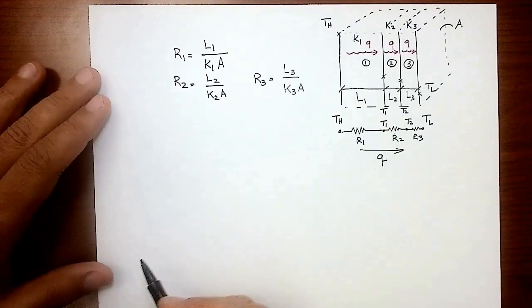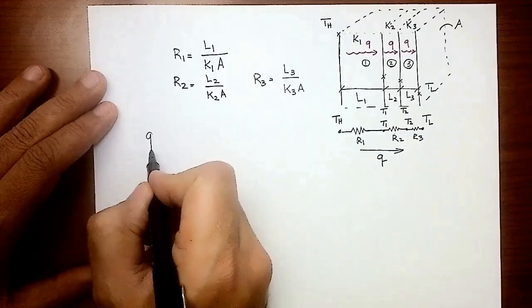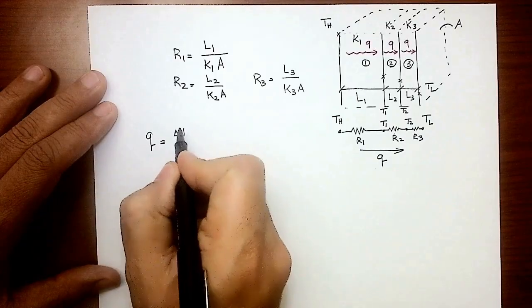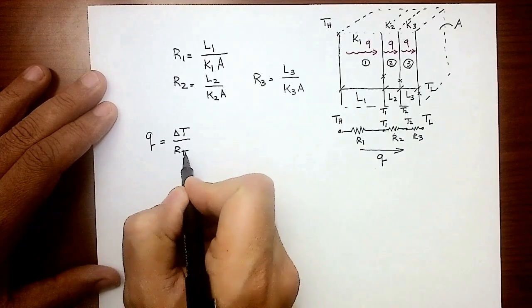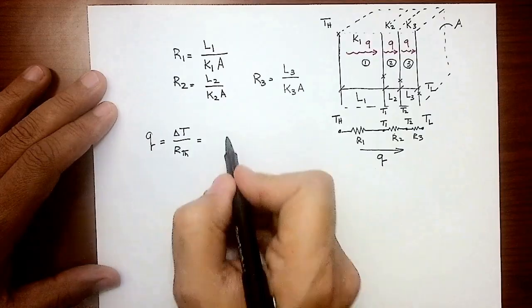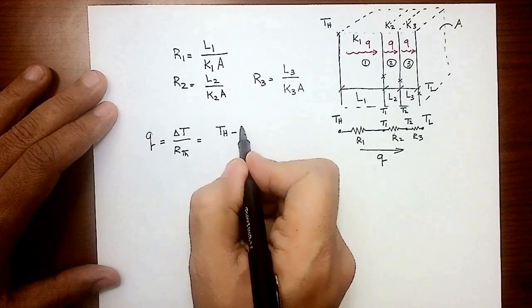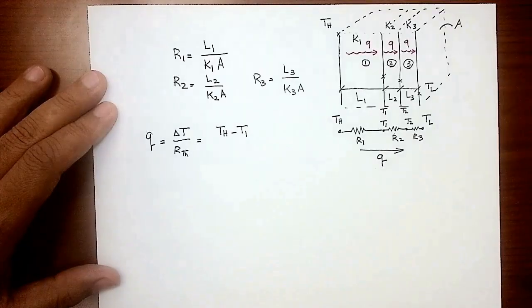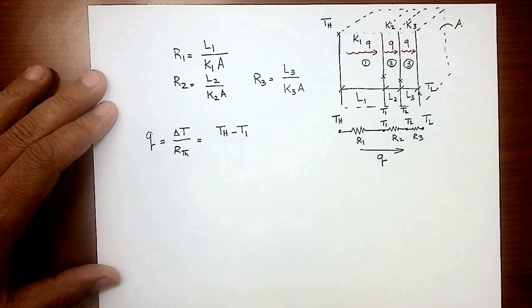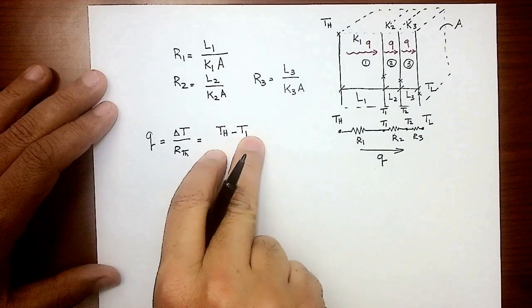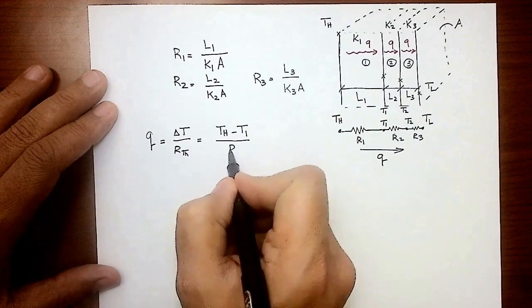One would say, I can calculate Q by picking delta T over thermal resistance. Let me write down the general equation. One would say, I'm going to pick TH minus T1. That's your choice. In this case, you have to divide by the resistance between these two nodes, so I'm going to divide by R1.